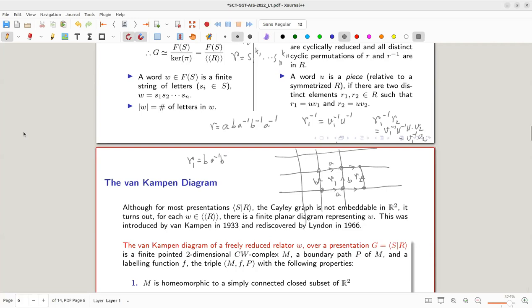If I start from this point and look at this relator loop from the same point, I look at it as B, A, then B, A, then B inverse, and this was A, so this is A inverse, right?